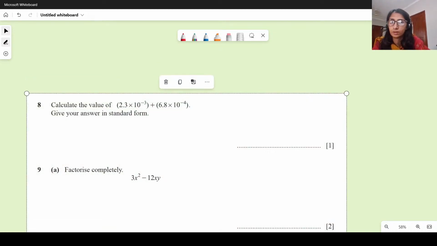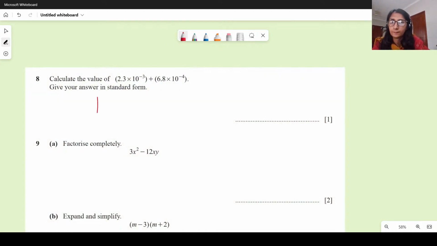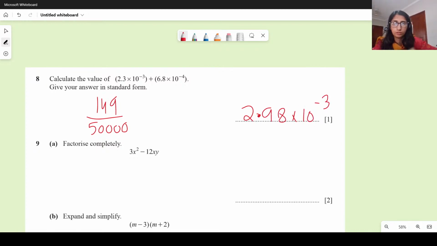Calculator says it's 149 over 500,050,000, which when I press S to D gives me 2.98 times 10 to the power minus 3. Next question.